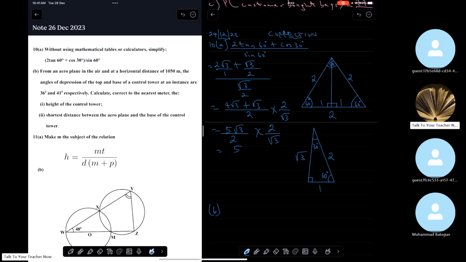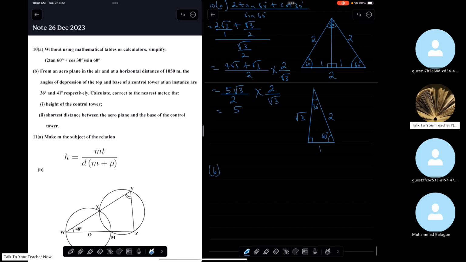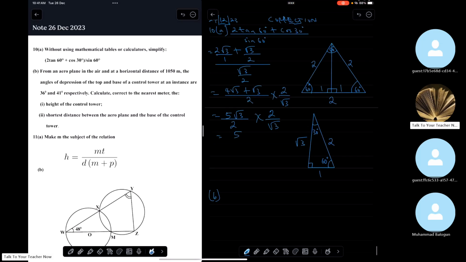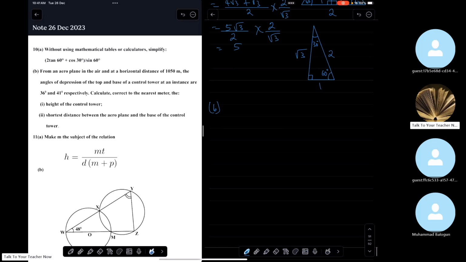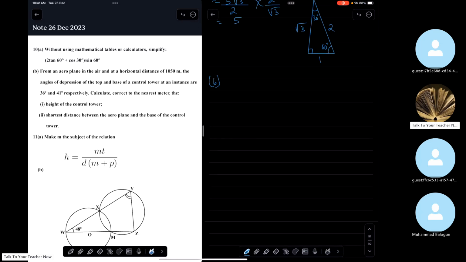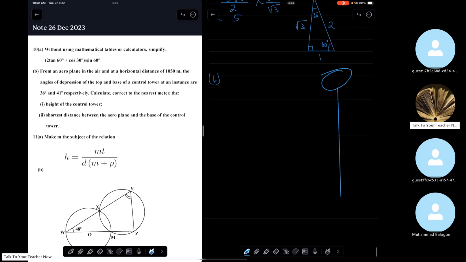Have you finished that, Balogun? Yes. Okay, beautiful. So look at that. The angles of depression of the top and bottom of the control tower are respectively 36 degrees and 41 degrees. That means you are looking at the top of the control tower and its bottom from where the aeroplane is.